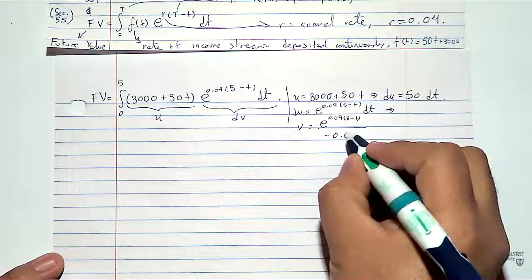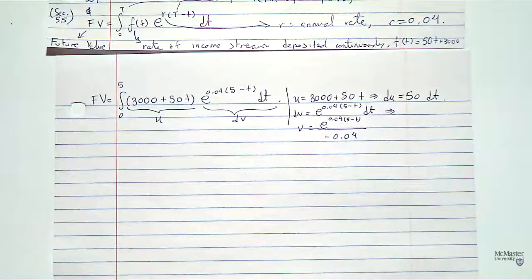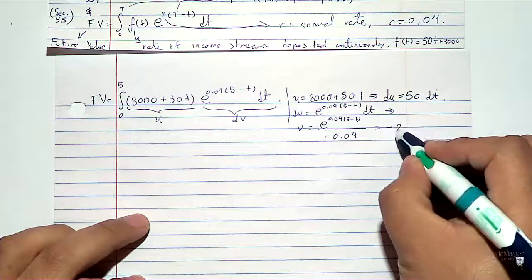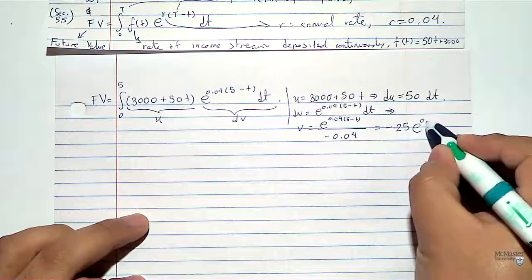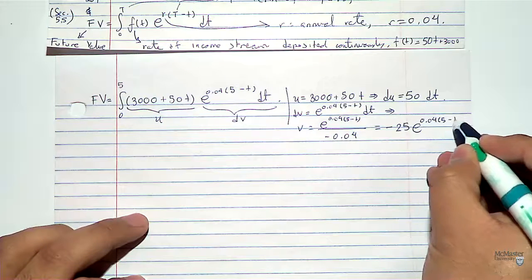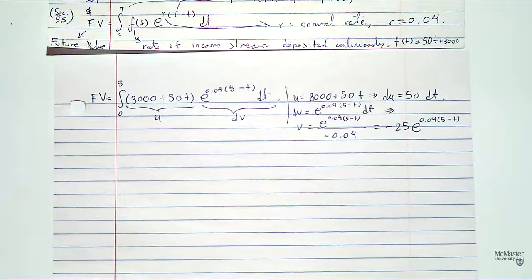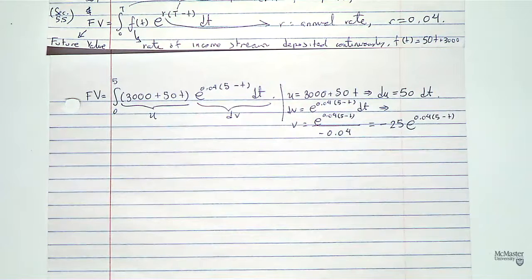And it is minus 0.04 because if you actually look at the coefficient of t, you have 0.04 and then a minus sign. So think of that function, take the derivative, the factors balance out. If you actually shape it in a nice fashion for the denominator, you have minus 25 e to the 0.04 times 5 minus t, because the inverse of 0.04 is 25. So we're just choosing appropriately, and then we will do some manipulation.